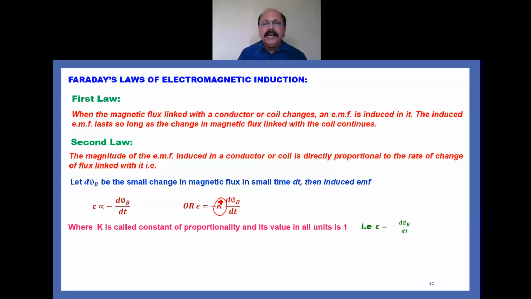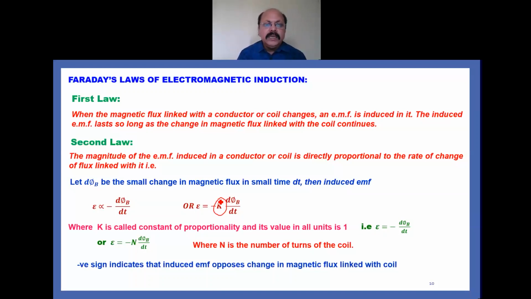Therefore, it can be rewritten as E equal to minus d phi B upon dt. Now, if n is the number of turns of the coil, then the expression becomes E equal to minus n d phi B upon dt, where n is the number of turns of the coil.